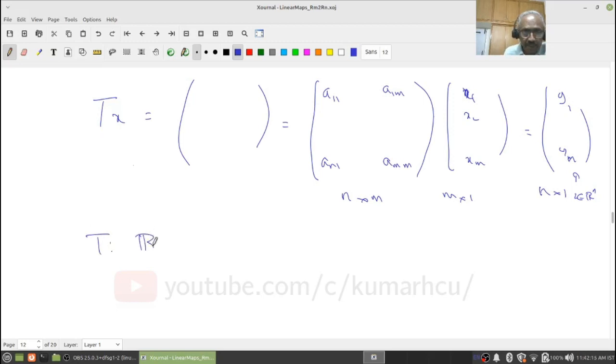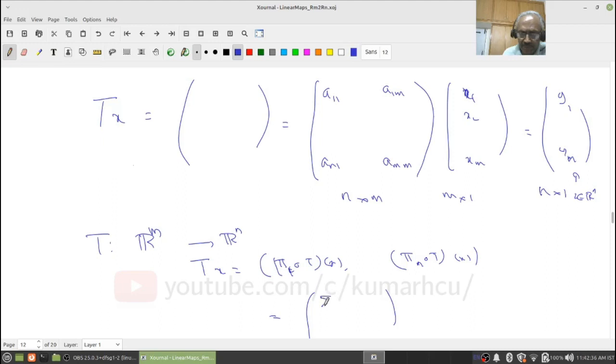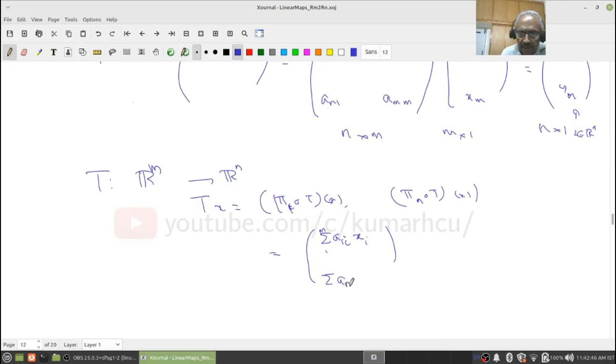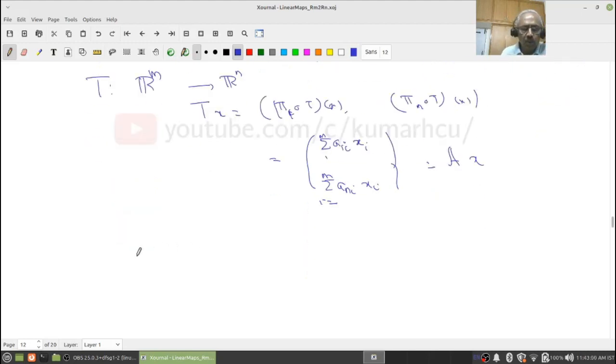If T is a linear map from R^m to R^n, then we found T of x is nothing other than (π_1 composite T of x, ..., π_n composite T of x), but that is equal to, we wrote down this matrix, the summation of a_1i x_i, i equal to 1 to m, up to the summation of a_ni x_i, i equal to 1 to m, which is the same as A times x, where I call this matrix A. So this is the theorem we have proved.